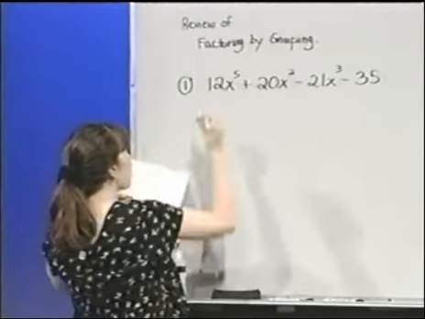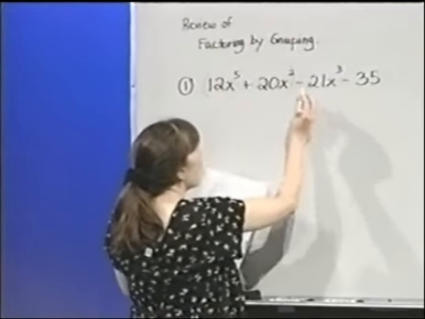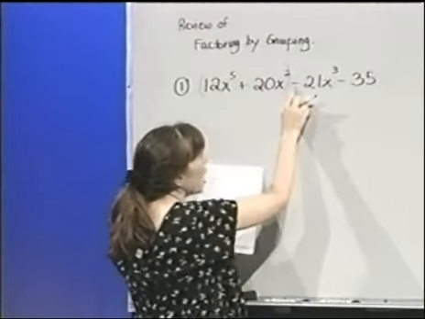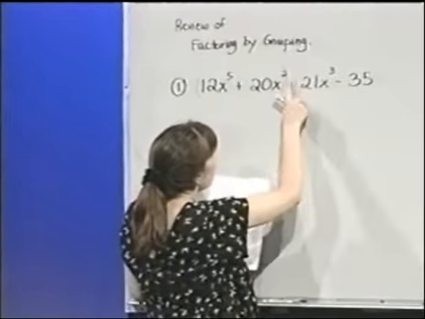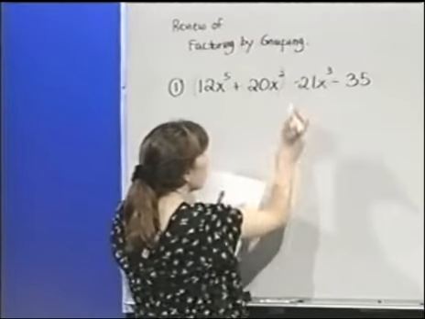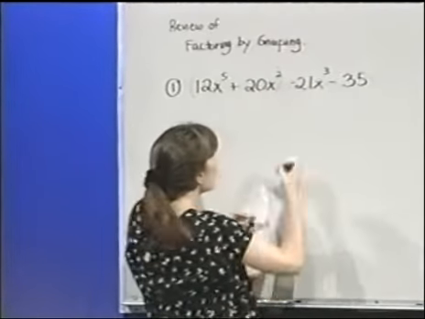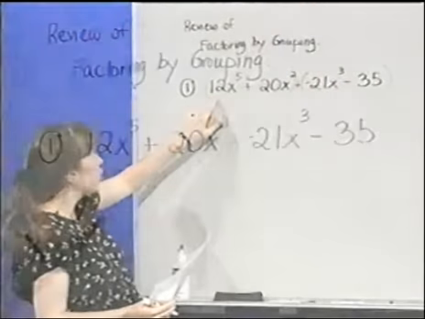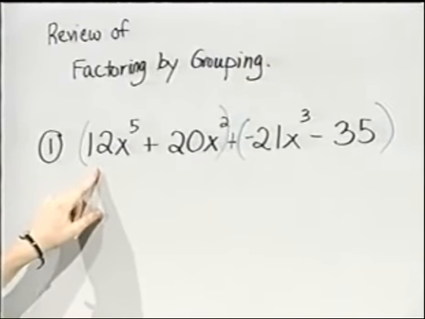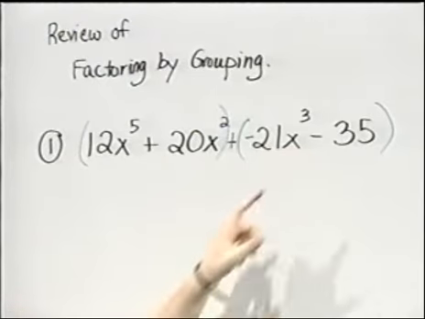That negative has to stay with the 21, so I'm going to move it closer to my 21, and I'm going to group those two terms together. And remember, this is just a big polynomial, so I'm just going to put a plus sign because everything's being added up.